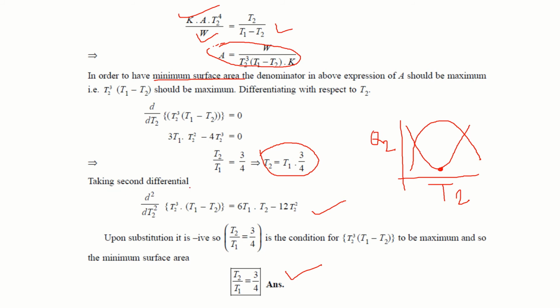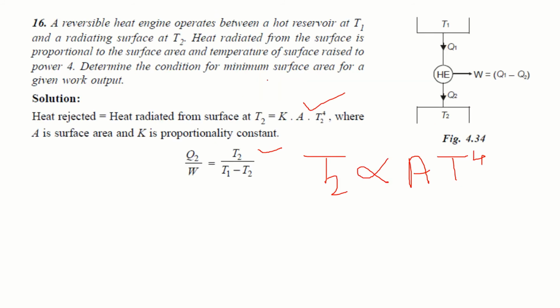If I take the second differential and substituting for T1, it is becoming negative. Negative means this is maximum. Once again if I differentiate, I'll get this minus slope. So the question asked here is, determine the condition for minimum surface area for a given work output.